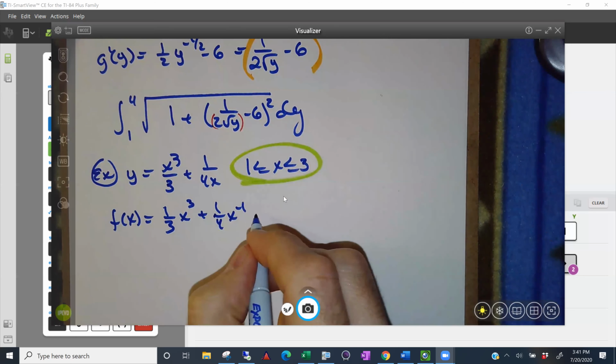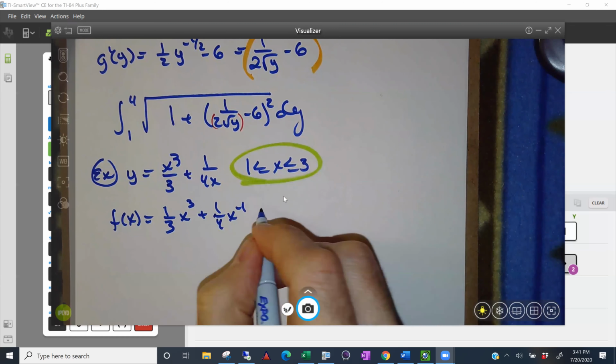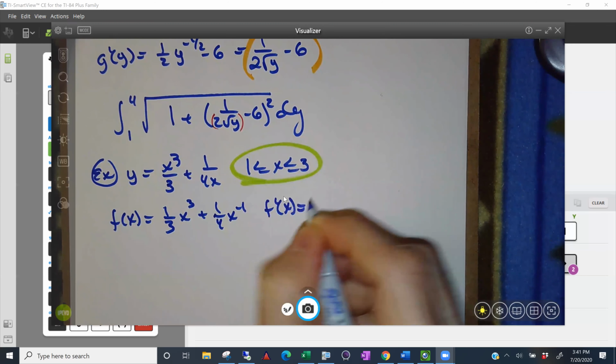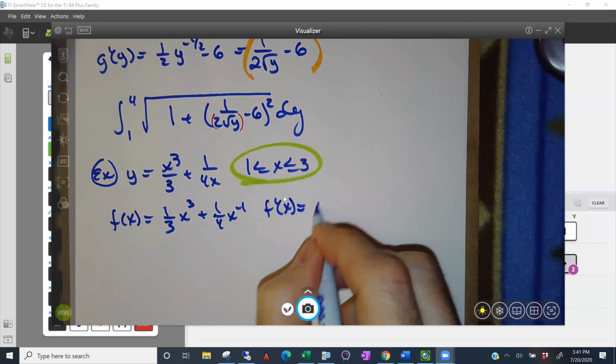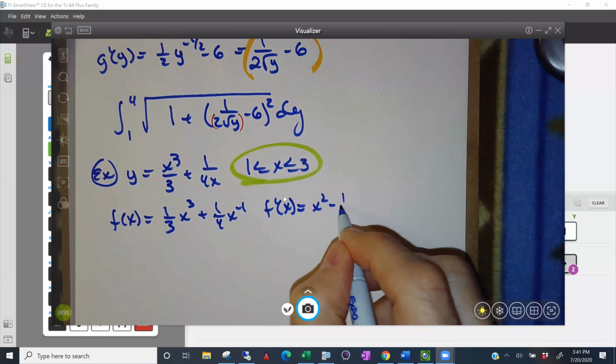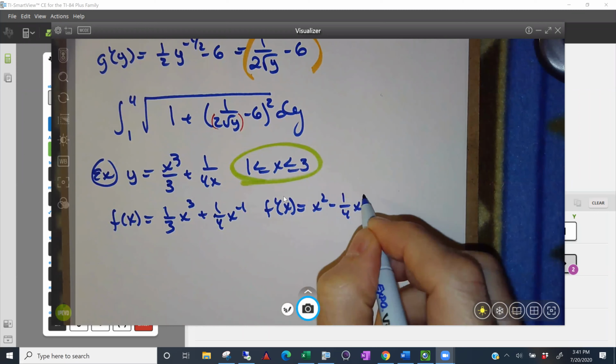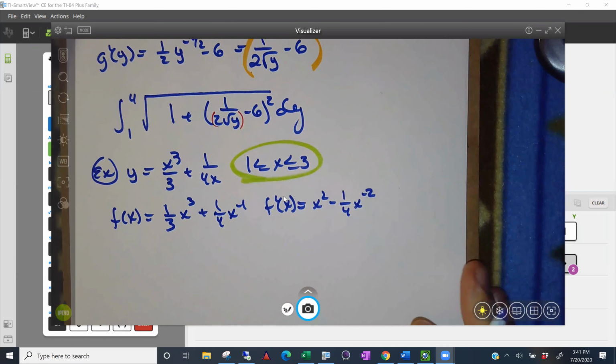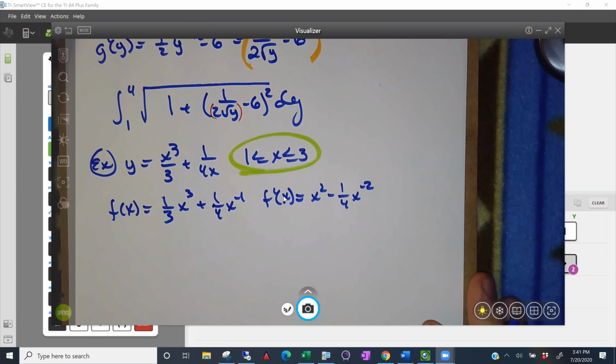F prime is going to be x squared minus 1/4 x to the negative second. And that's looking pretty good.